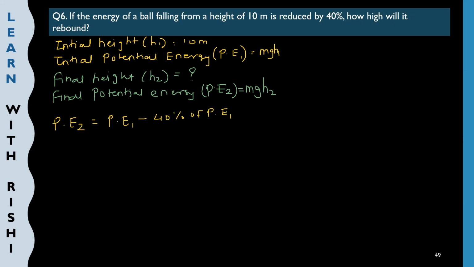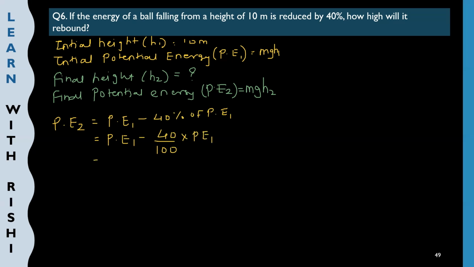So this is the meaning of the statement. The energy of the ball is reduced by 40%, means initially it was potential energy 1 and it is reduced by 40%, means minus 40% of the initial potential energy. So this can be written as potential energy 1 minus 40%. Percent means divided by 100. So 40 divided by 100 of potential energy 1 means multiplied by potential energy 1.